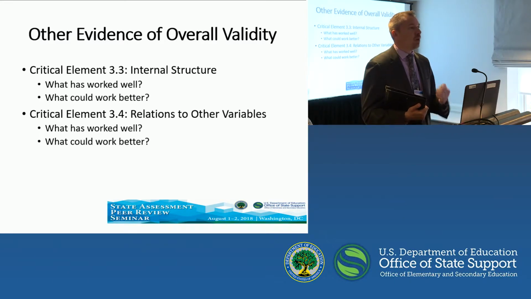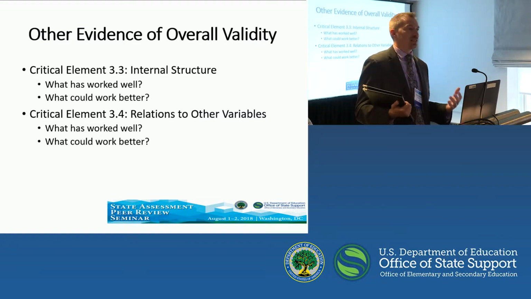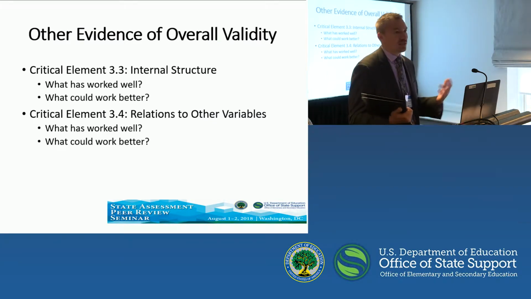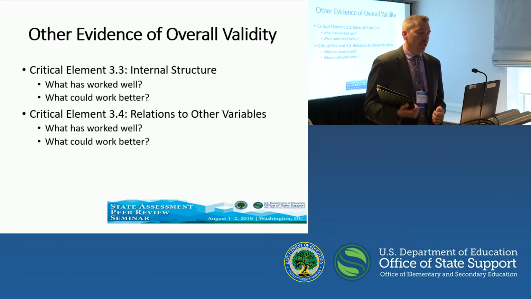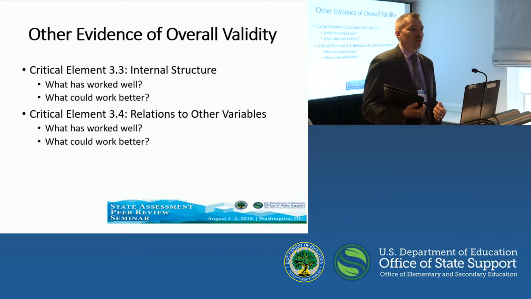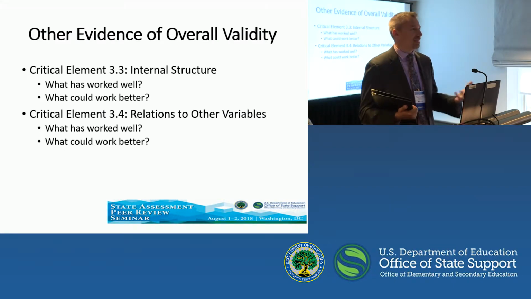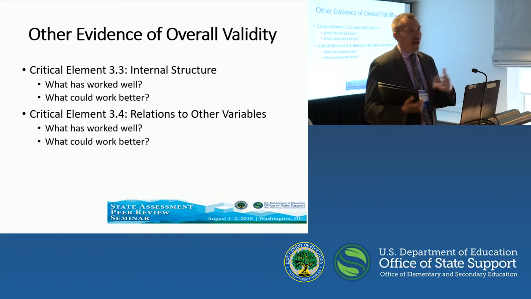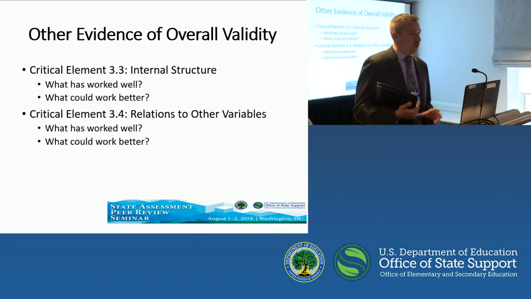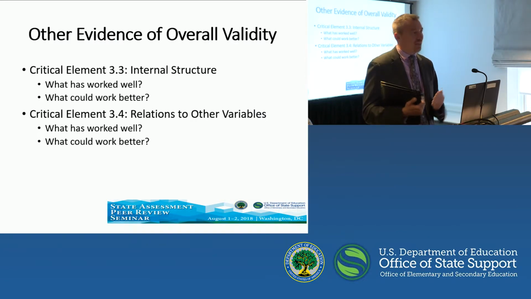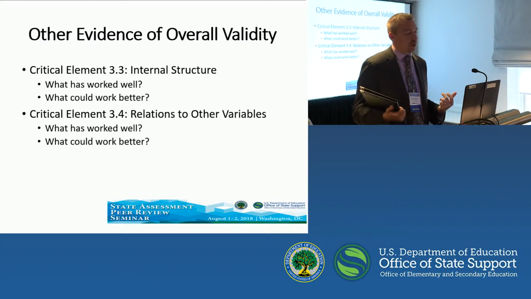Let's say you have a criterion measure, oftentimes an interim assessment, brief assessments in mathematics and reading. It works well if your summative math score from your achievement test that you're having evaluated correlates higher with your interim math score than it correlates with the reading score from the summative assessment. In other words, we want to see those coefficients be higher within construct across measures than they are within measure across constructs.